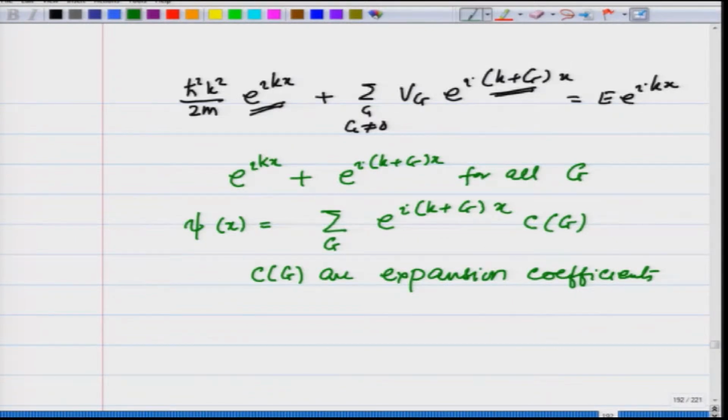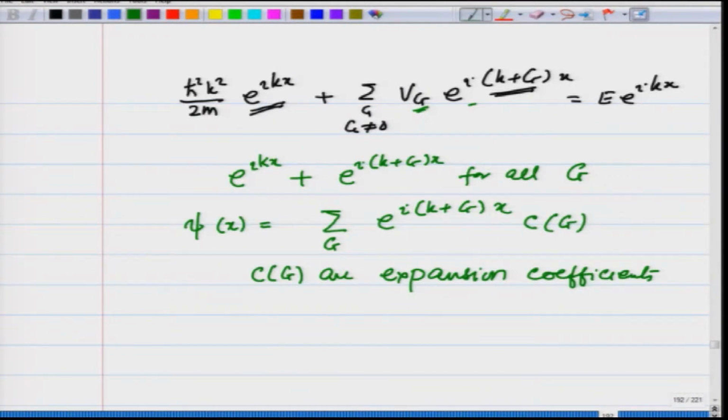And notice with e^{ikx} I am adding only e^{i(k+G)x}, because of this specific nature or periodicity of the potential. I cannot add anything else. If I substitute anything else here, again the equation will not be satisfied.